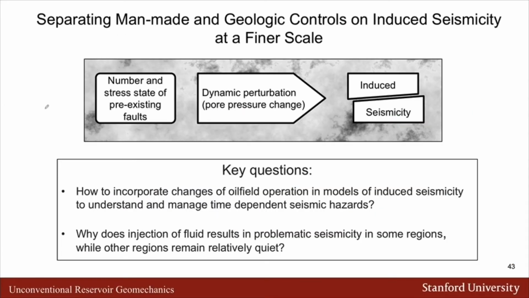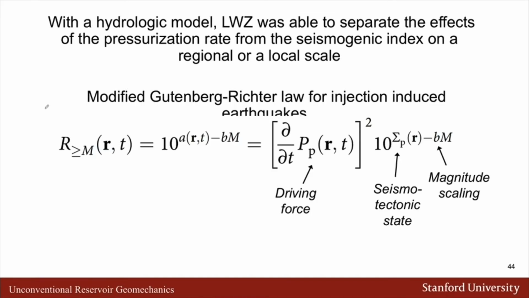So what we're really trying to do here is separate the geologic condition, the number and state of the pre-existing faults, from the perturbation on a granular scale in order to assess the potential for induced seismicity. And, of course, use that understanding to look at how things should be managed.